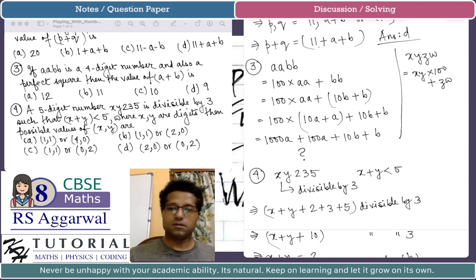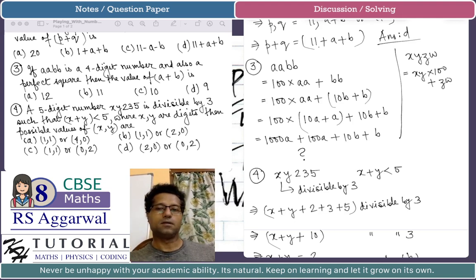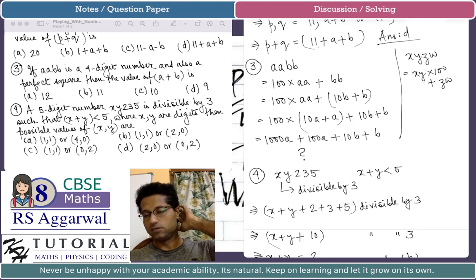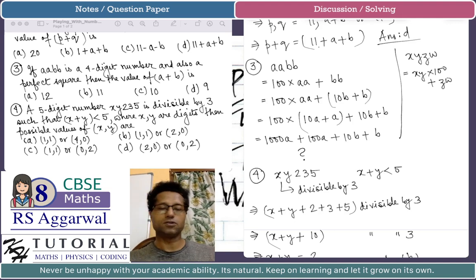Now what can the possible unit digits of a perfect square be? If a number is a perfect square, what are the possibilities of its unit digit? It can be 1, because if a number ends with 1, its square will also end with 1.